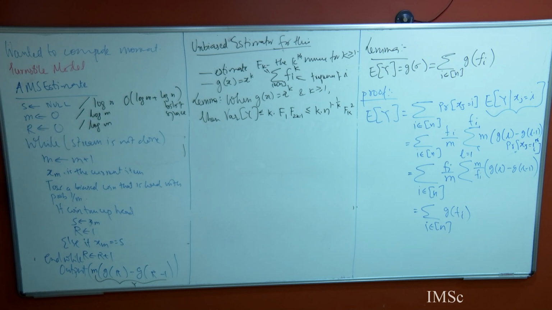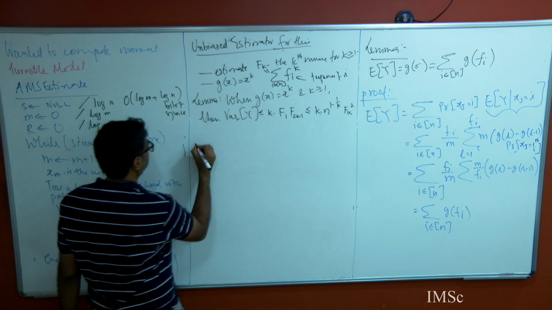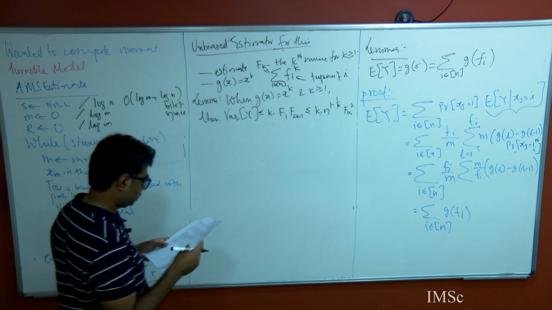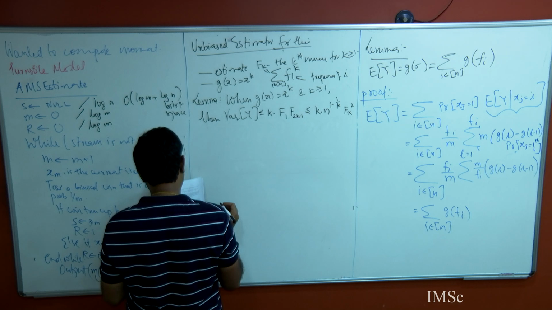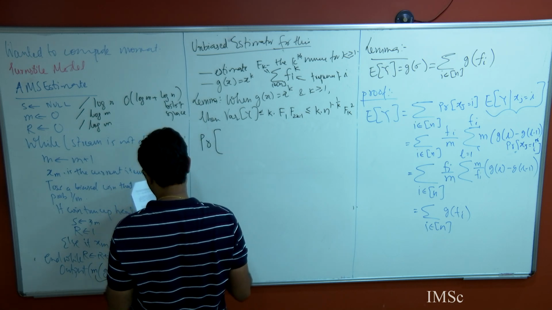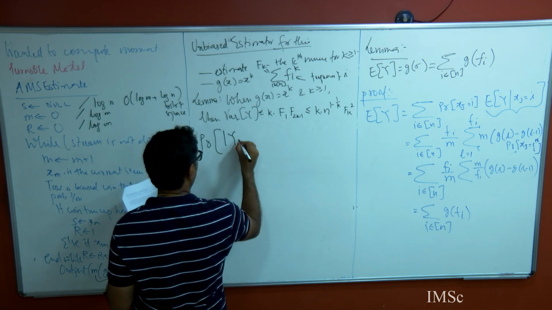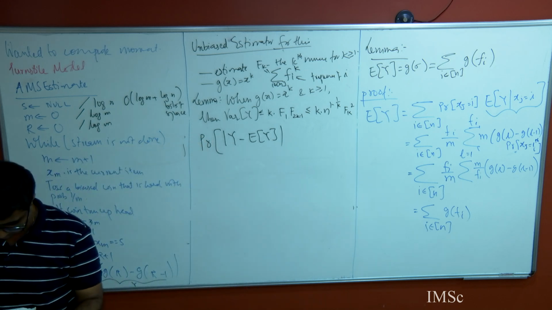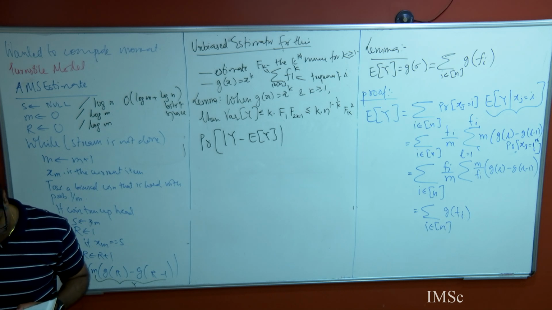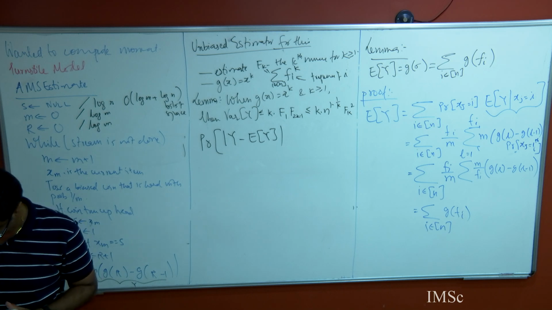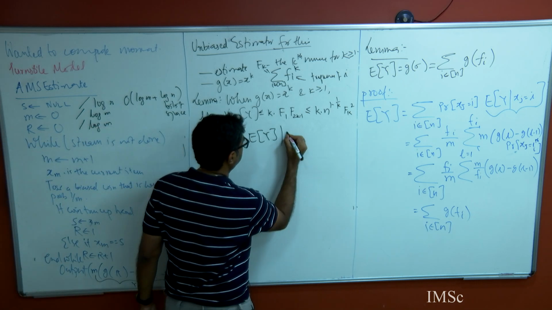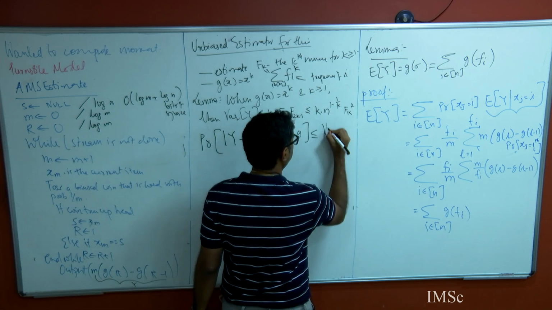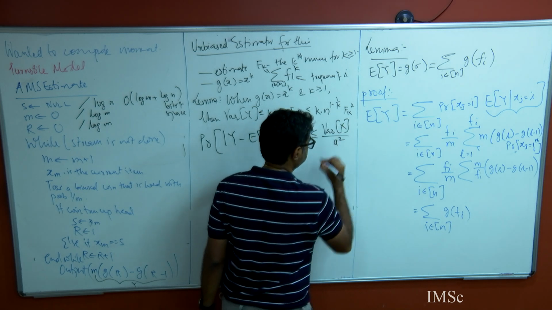So suppose I had shown this, then what is the probability that, if I would like to apply Chebyshev, Y minus expectation of Y is greater than or equal to some A? It is less than or equal to variance divided by A squared.